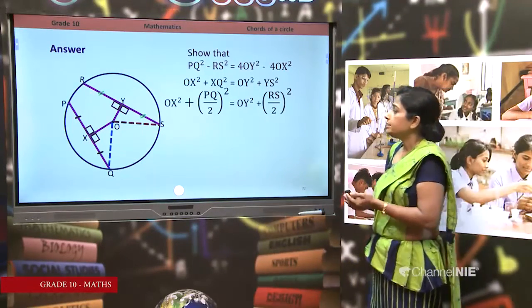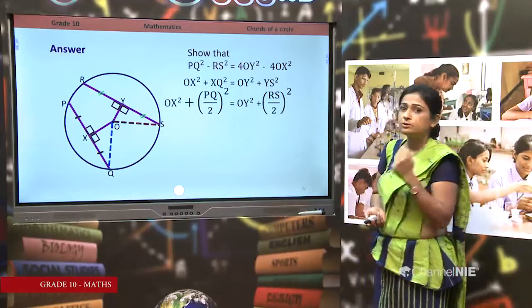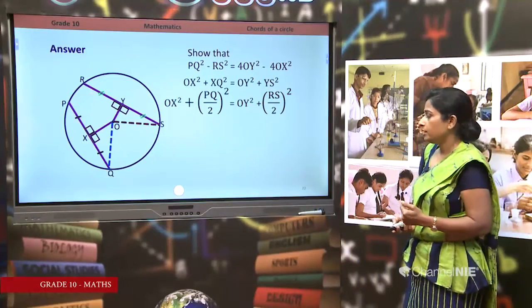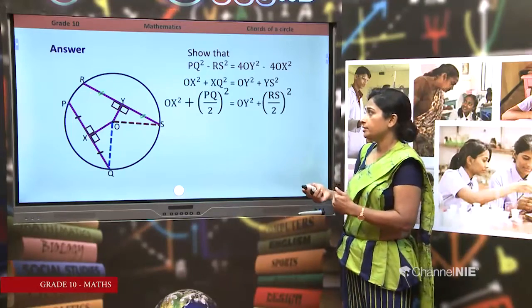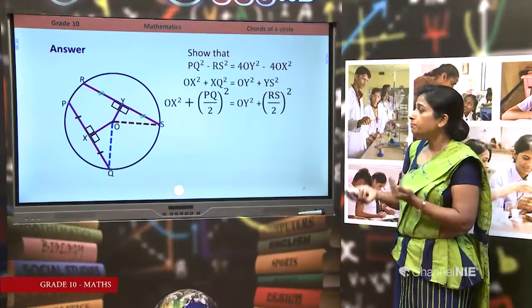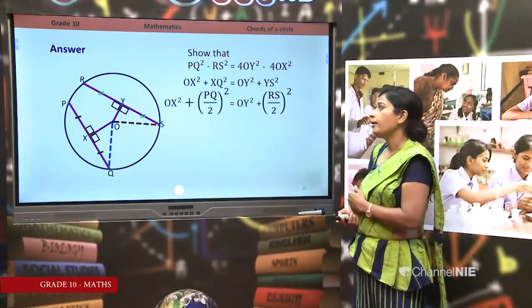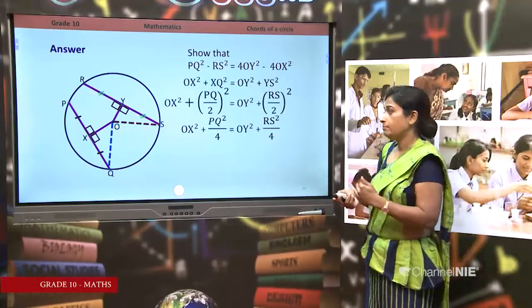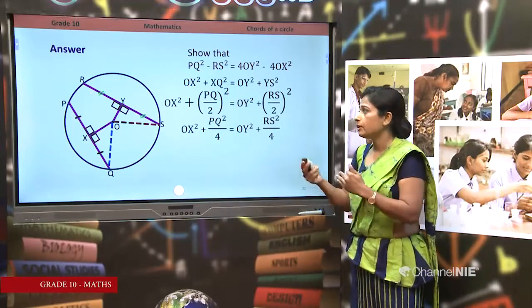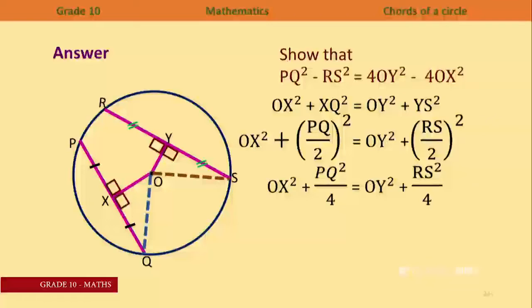We have to consider this PQ over 2 squared. How do we solve that? This power 2 applies to both PQ and 2. So, OX squared plus PQ squared over, 2 to the power 2 makes 4, equals OY squared plus RS squared over 2 to the power 2, which makes 4.